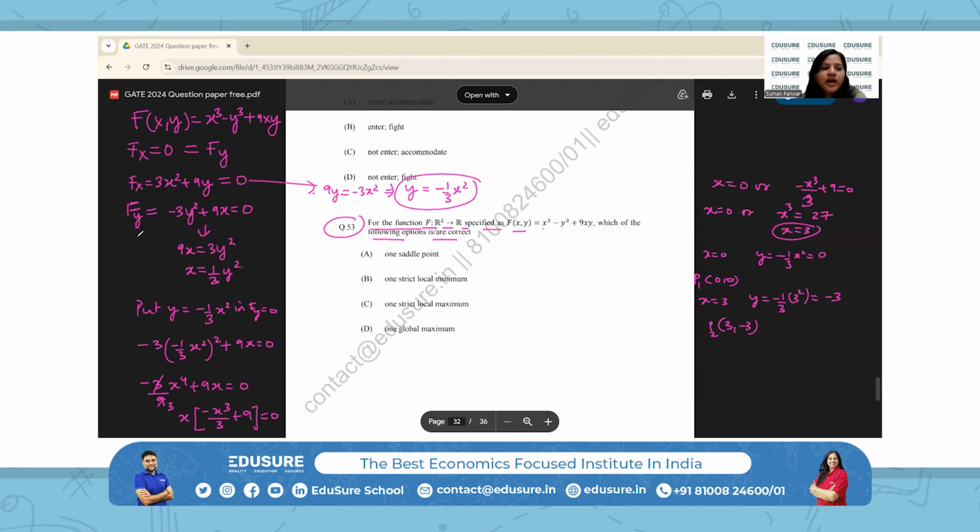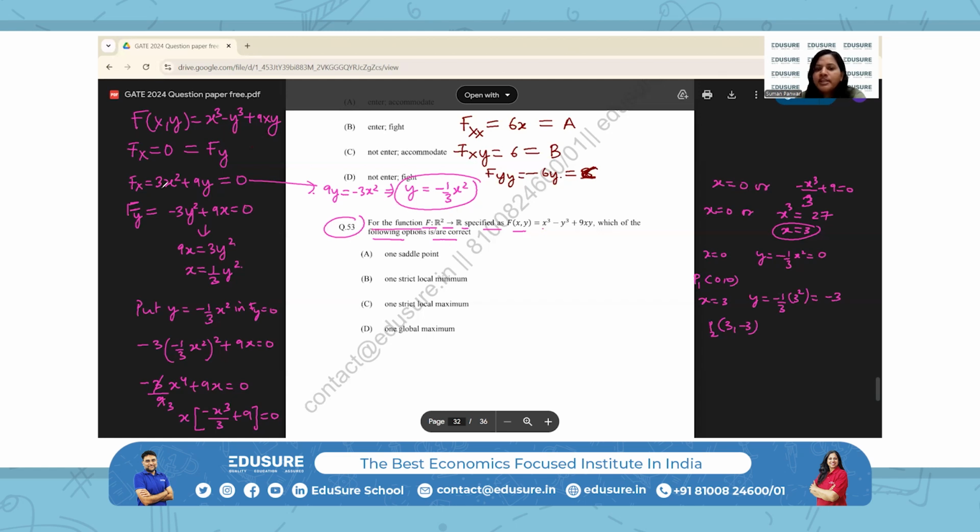Okay, so now let us calculate the second order derivatives. So fxx is equal to 6x, and fxy equals 6, and fyy equals minus 6y. Now this is our a, this is our b, and this is our c.